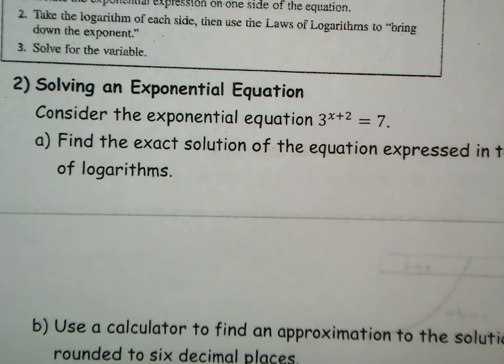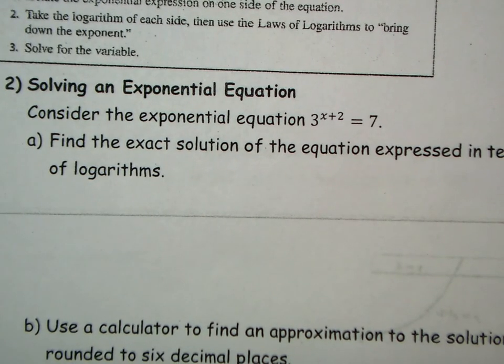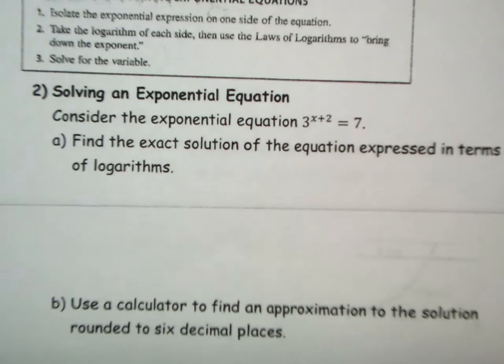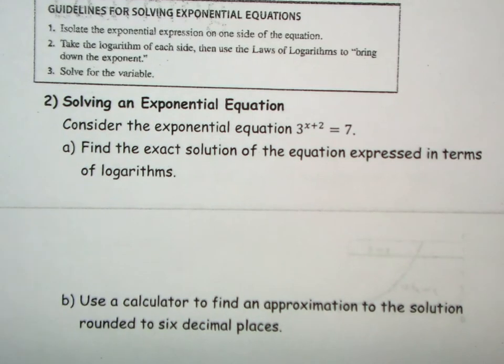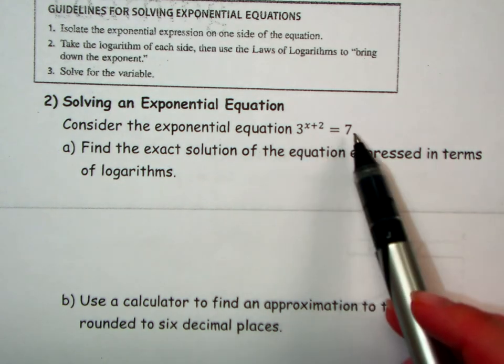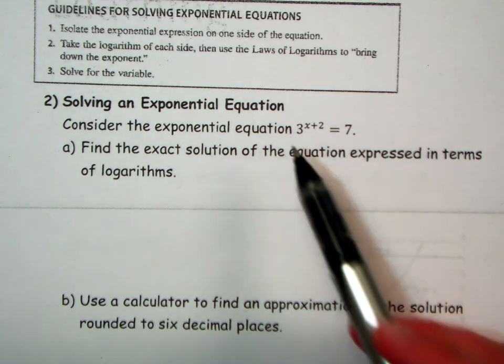The next type of exponential equation is when you can't make the bases match. For example, we have 3 raised to the x plus 2 equals 7. The base on the left is 3 and the base on the right is 7, and there's no way to get those to match.